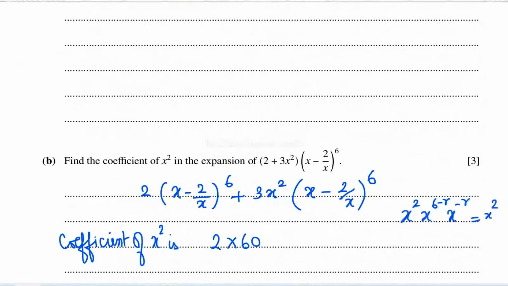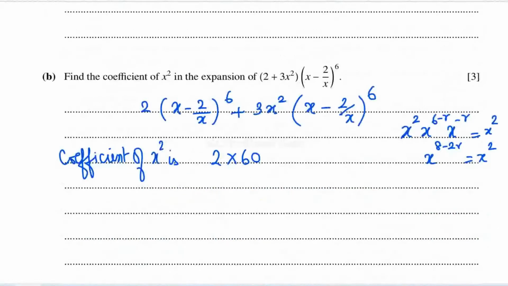So x power 8 minus 2r equal to x square. When you equate the powers, 8 minus 2r equal to 2, minus 2r equal to 2 minus 8. So r equal to 2 minus 8 divided by minus 2. So the r value is 2 minus 8 is minus 6. Minus 6 divided by minus 2 is 3.